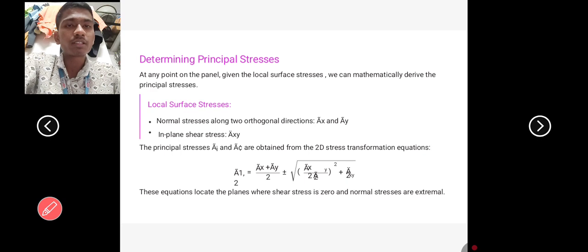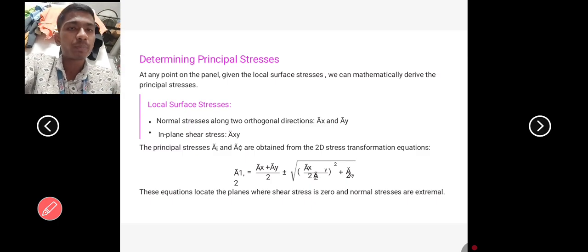Local surface stresses are normal stresses along two orthogonal directions, sigma x and sigma y, and in-plane shear stress, sigma xy.